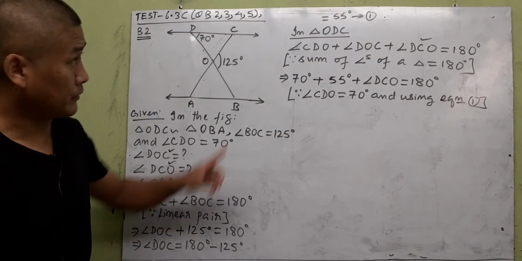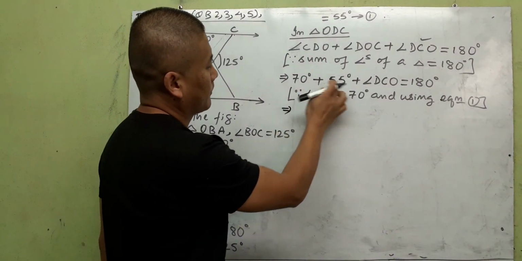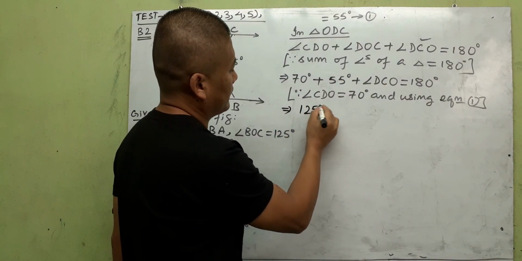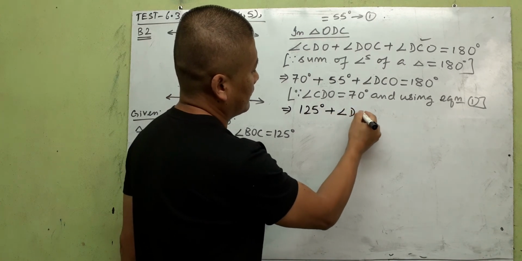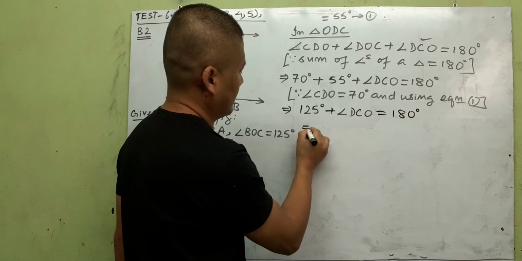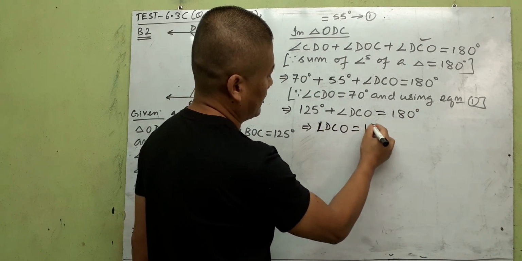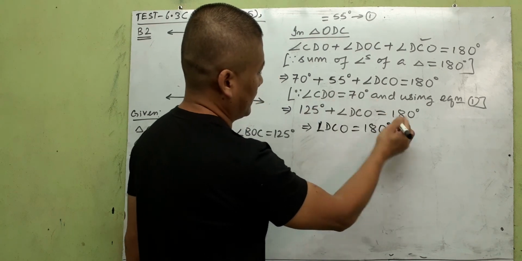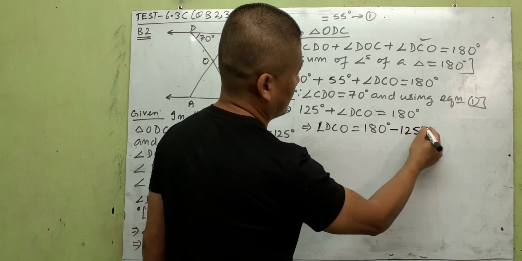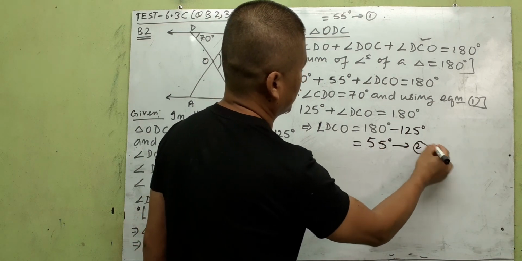So when you add these two, you get 125 degree plus angle DCO equal to 180 degree. So that implies angle DCO will be 180 degree minus 125, so you're getting 55 degree, equation number 2.